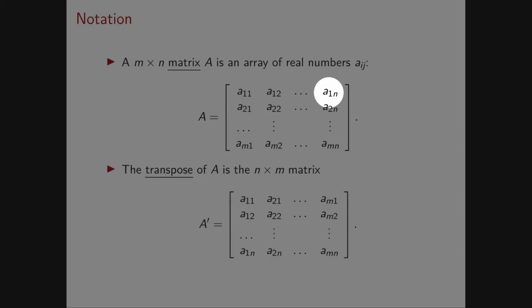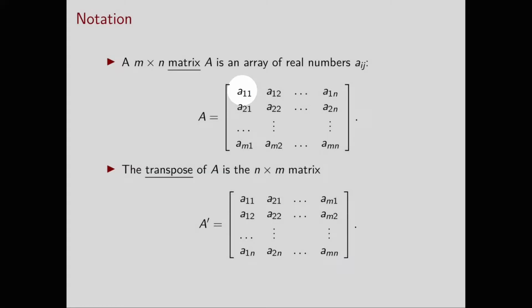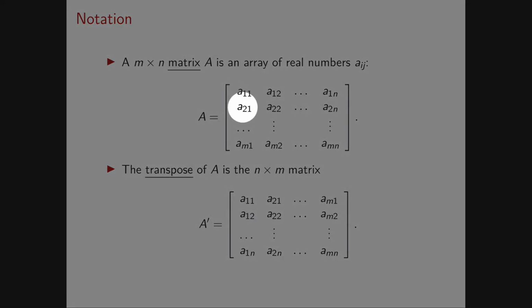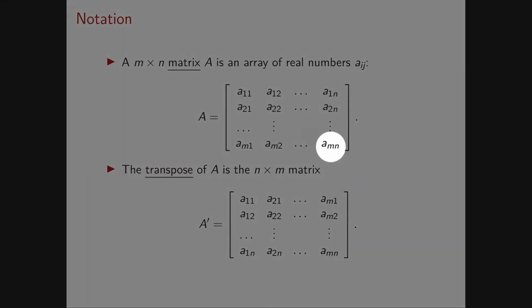So the very first number of the subscript represents the number of the row, and the second number in the subscripts instead represents the column. For example, the first column is a11, a21 until am1. Of course, the very last element of our matrix will be amn, which is in row m and in column n.